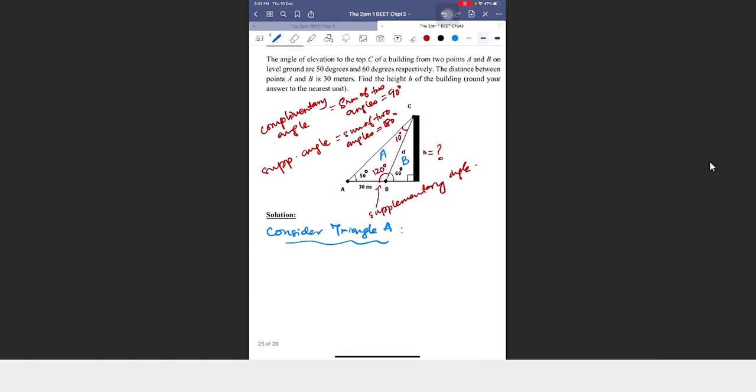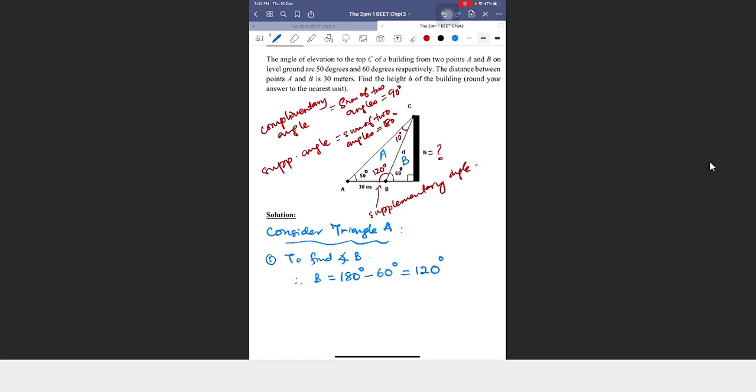So then what we can do is to find angle B for triangle A. In this case, our B, using the concept of supplementary, is 180 degrees minus 60 degrees, which is 120 degrees.